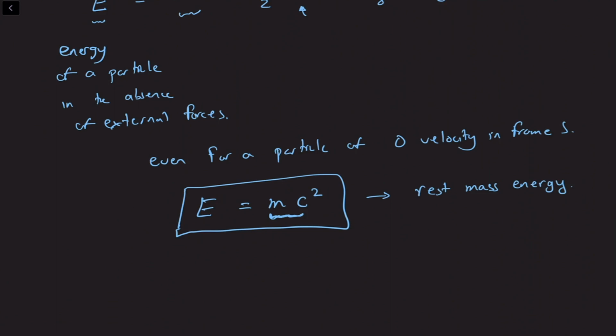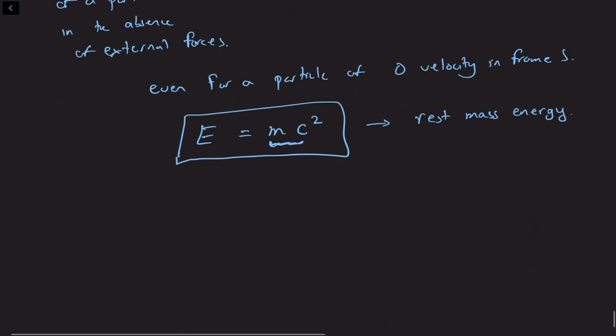However, if we look at the exact expression for energy, which is P0 times c, this is m times c² over the square root of 1 minus u² by c².